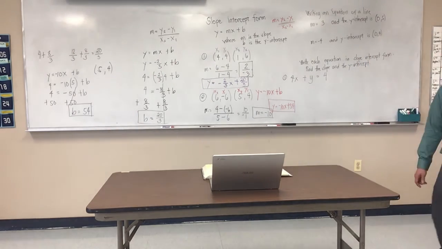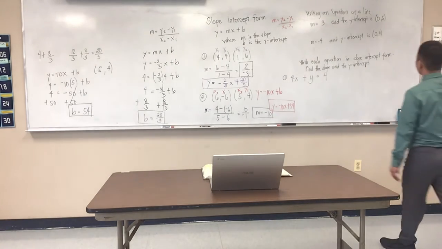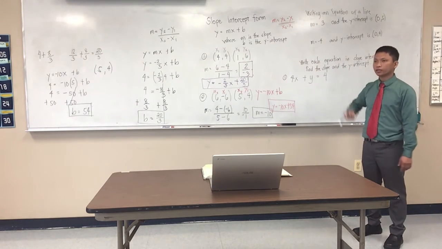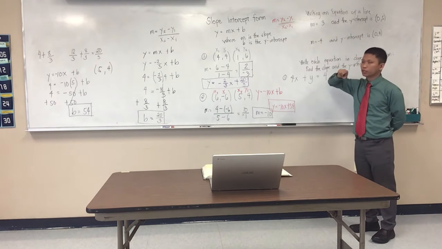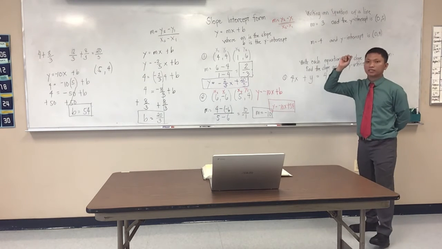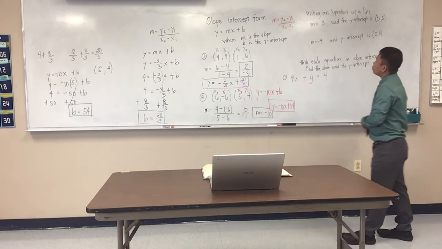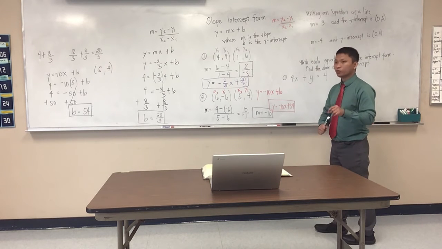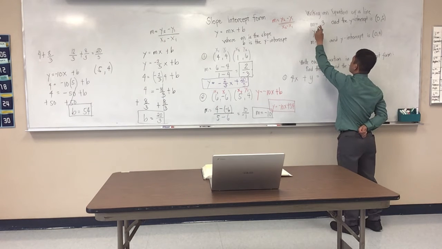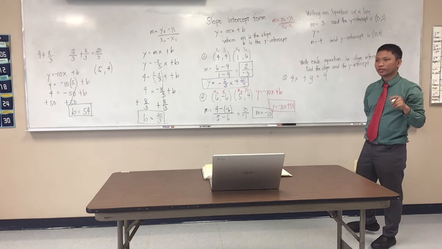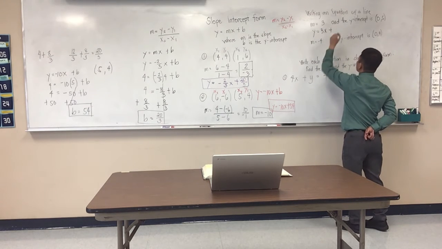What if we already have our slope and the y-intercept? Let us write how we're going to write this into an equation. Example, we have here m, our slope, is 3, and the y-intercept is at (0, 5). The slope-intercept form is y equals mx plus b. So we just copy: y equals mx, our m here is already identified, we have 3, so this would be 3x plus b.